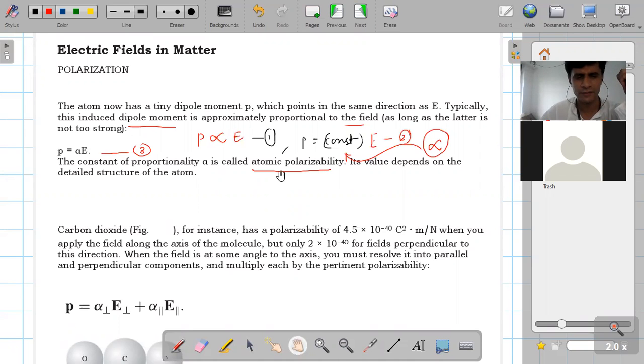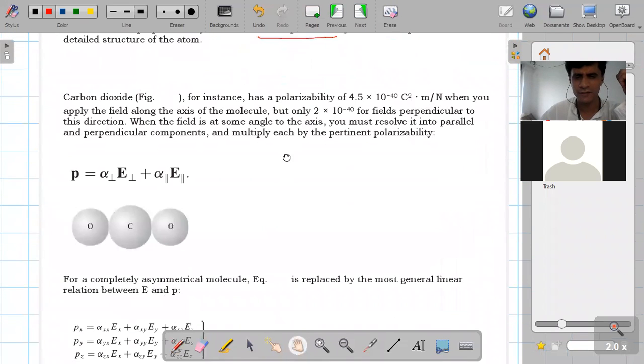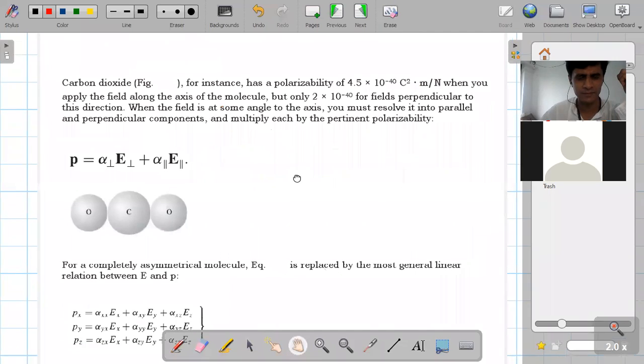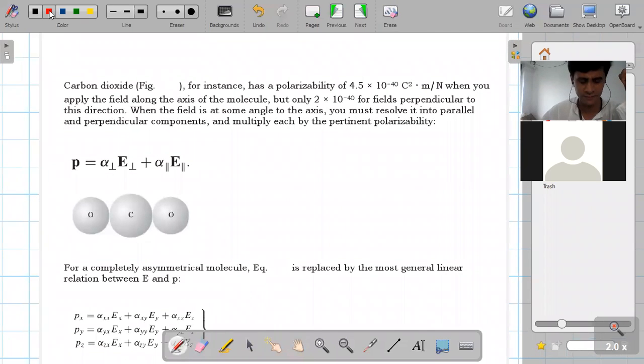The next point is about the dipole. Next, directly see this diagram. I will write here figure 1. Can you tell me what is the name of this molecule?